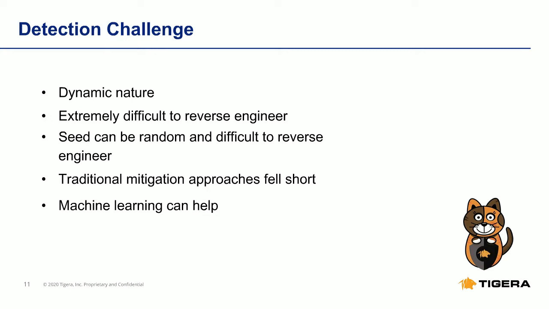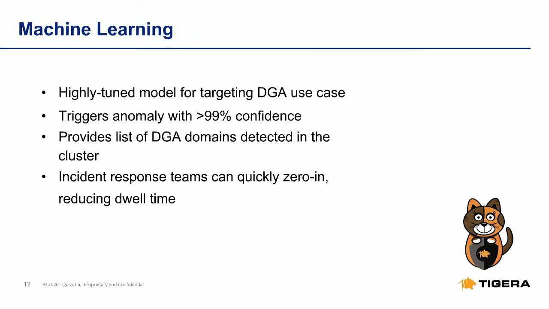So this is where we started looking at a machine learning approach, which can help with this dynamic nature. At Tigera, we spent a lot of time researching machine learning algorithms, and we came up with a model which is highly tuned to target this DGA use case.